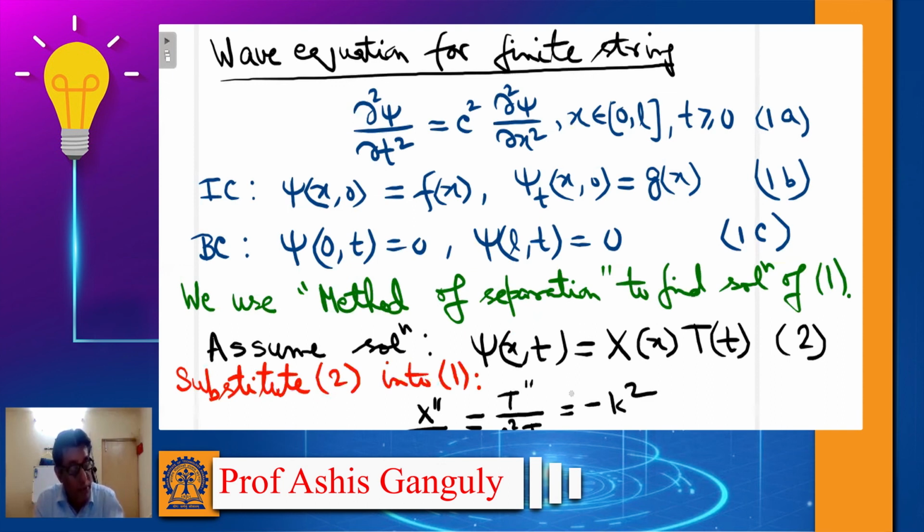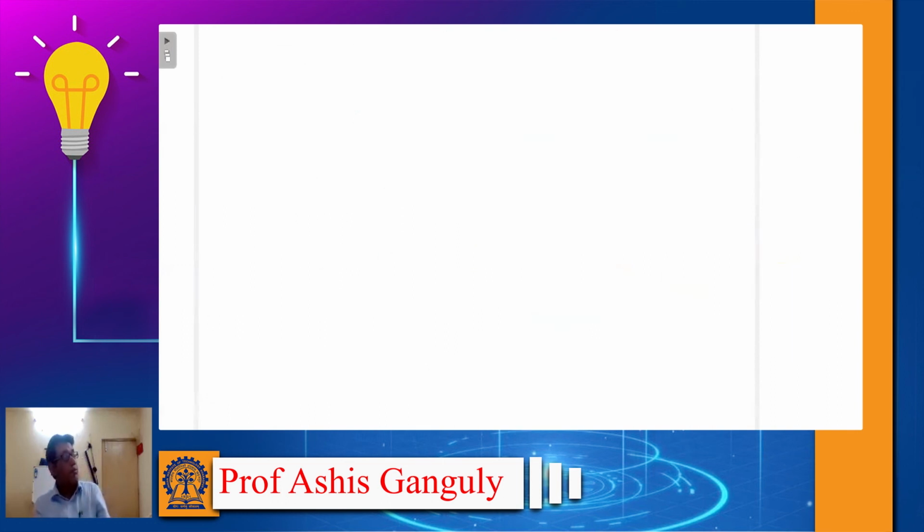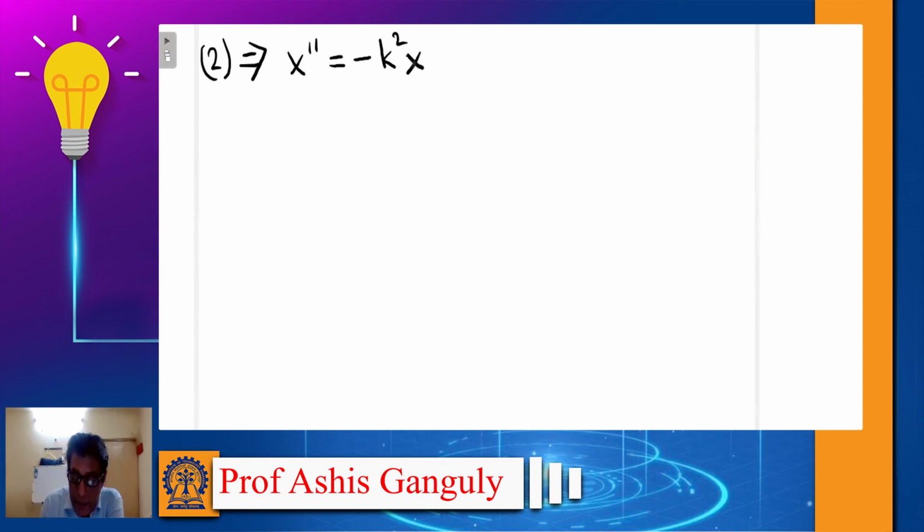So, okay, now you see, equation 2 basically implies two eigenvalue equations, right? One is X double dash equal to minus k square X. Again, I am telling you, this eigenvalue equation I also discussed in the first clip in the context of differential operators.